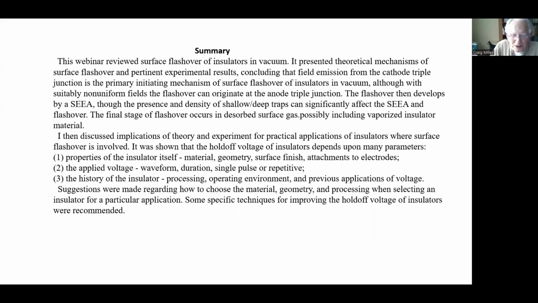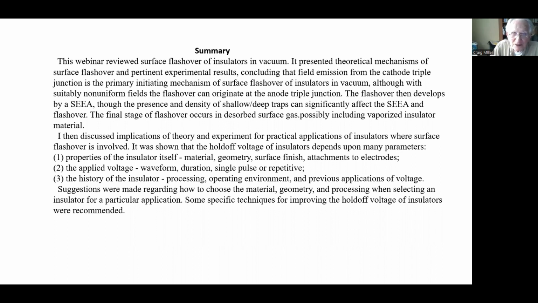Normally, flashover is developed by a secondary electron emission avalanche, although the present density of shallow and deep traps can significantly affect the secondary electron emission. The final stage of flashover occurs in desorbed surface gas, possibly including vaporized insulator material with organic insulators.